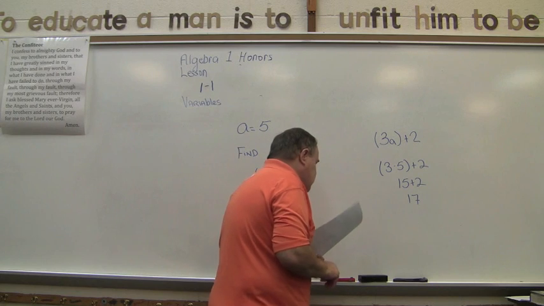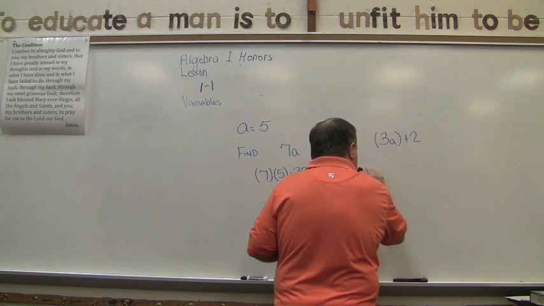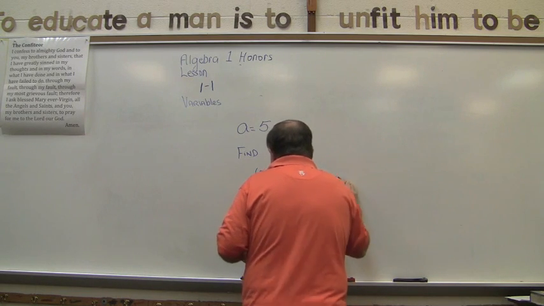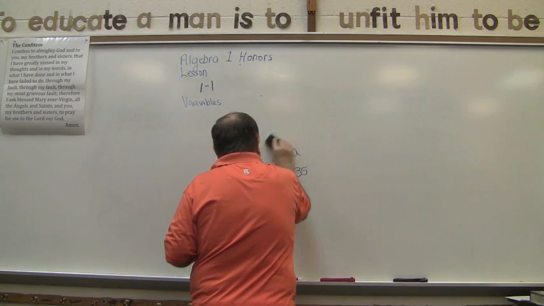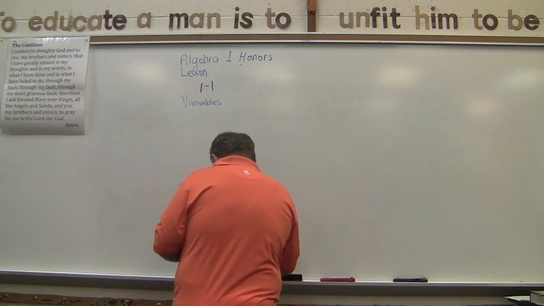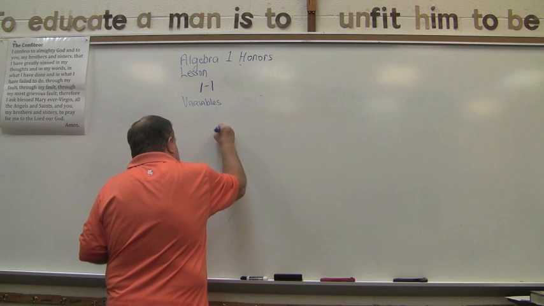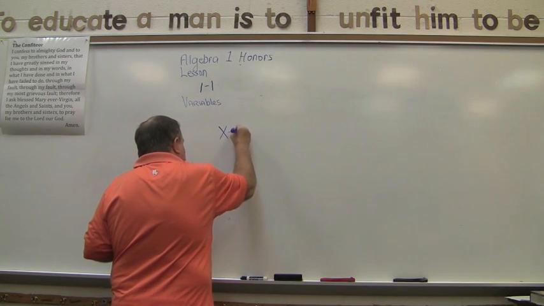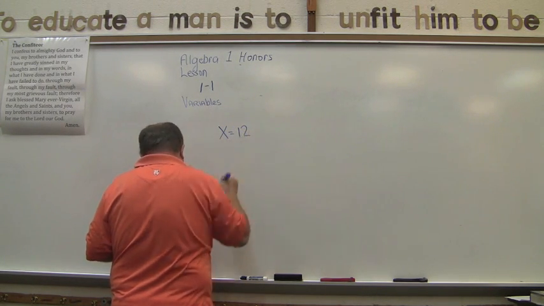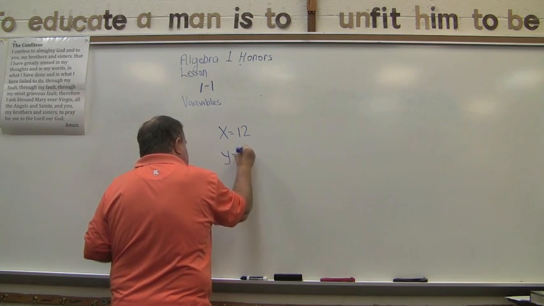Right now, of course, these are pretty elementary problems, and as you go down the line in math, the problems will get a little more difficult. Let's look at a little more difficult one, our last one for the day. In this case, I'm going to say that my variable x represents 12, and y is going to represent 9.